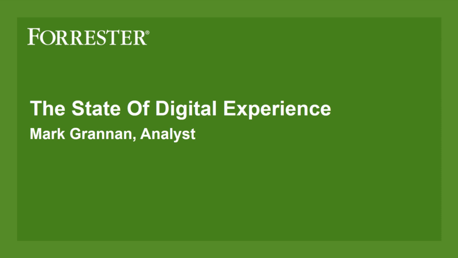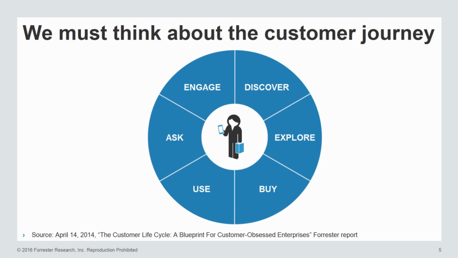For those that don't know Forrester, we are a technology research and advisory company. We've been focused on this intersection of technology and business strategy change for the past 33 years. And we're really excited for this most recent phase or change in how companies are thinking about technology and what we call the age of the customer. And in the age of the customer, we must now think about the customer journey.